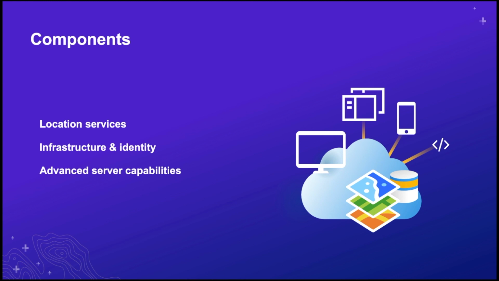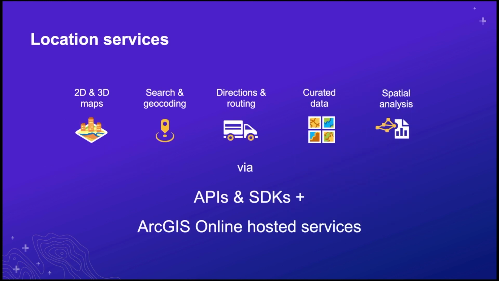So to start with location services, if you're familiar with the mapping space, you're probably familiar with these capabilities, but it encompasses adding 2D and 3D maps into your applications, searching and geocoding, generating directions and routes, accessing authoritative data and curated data within your system, whether that is land cover classifications or CDC social vulnerability indexes.